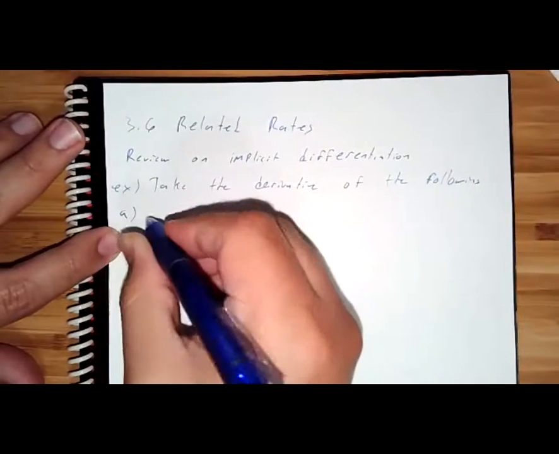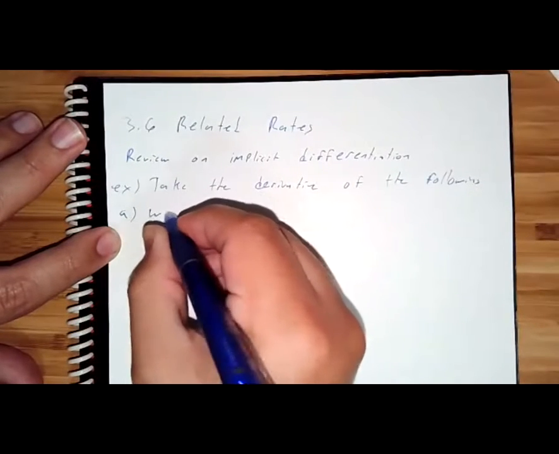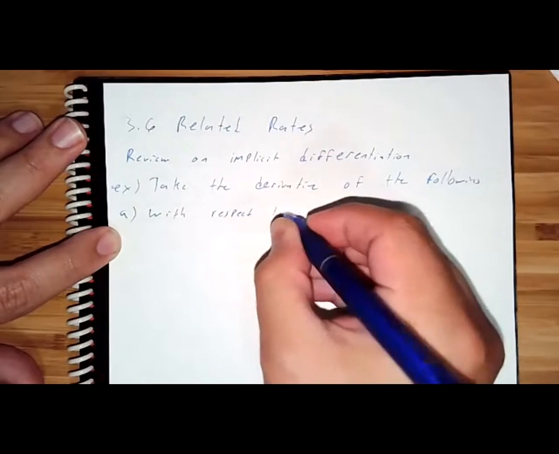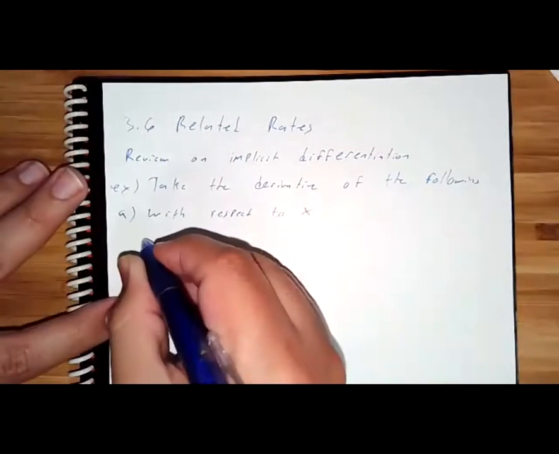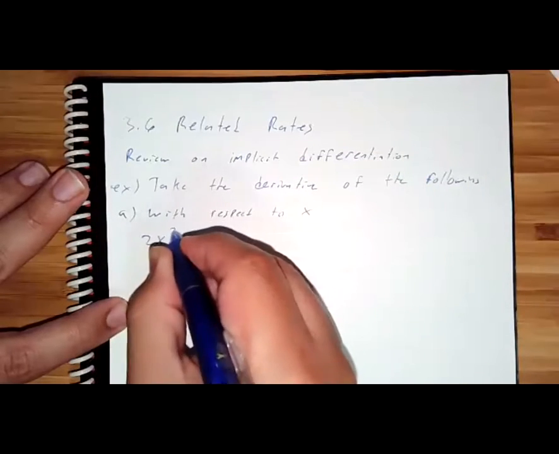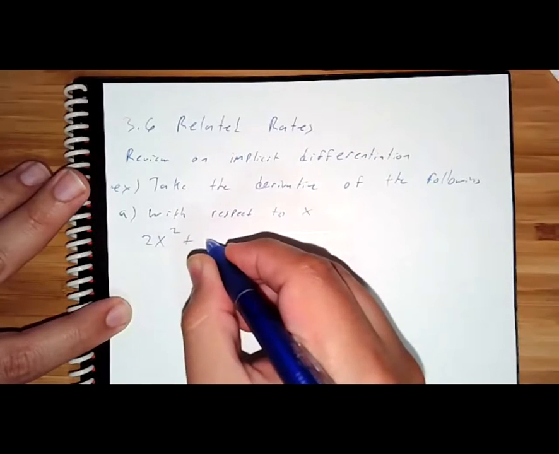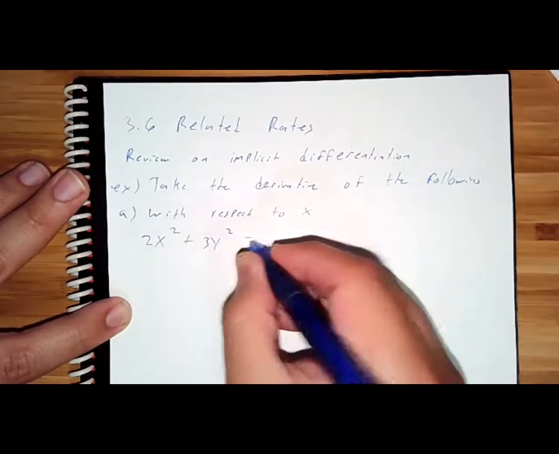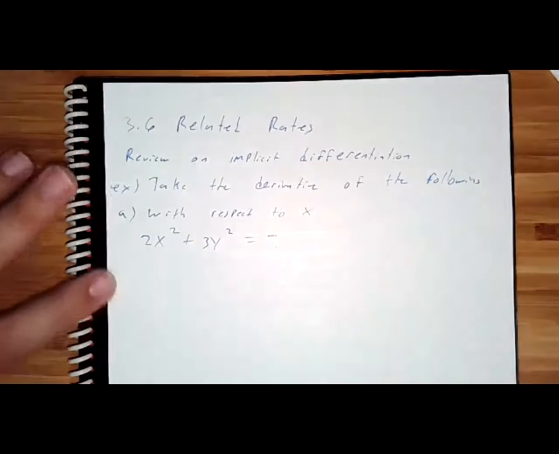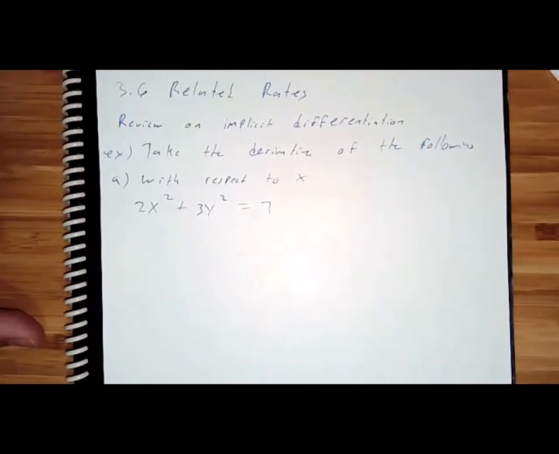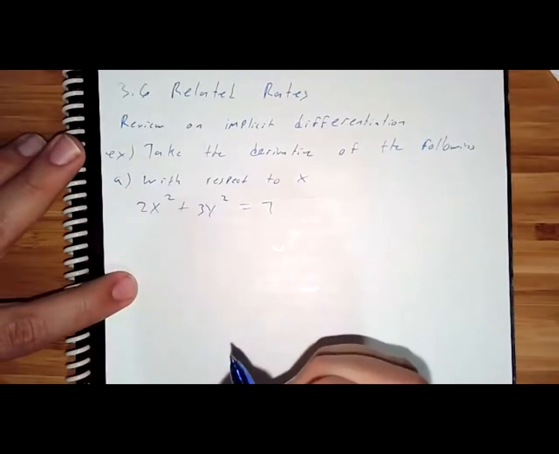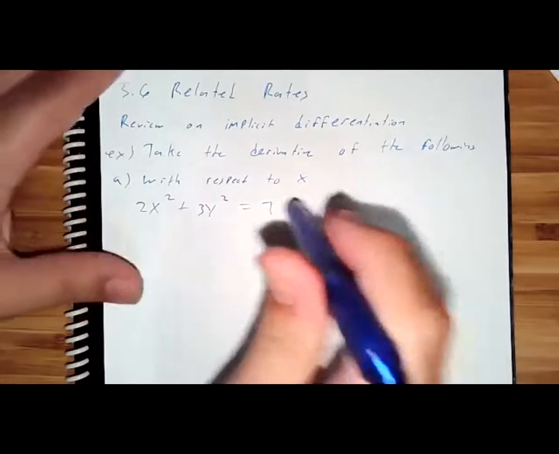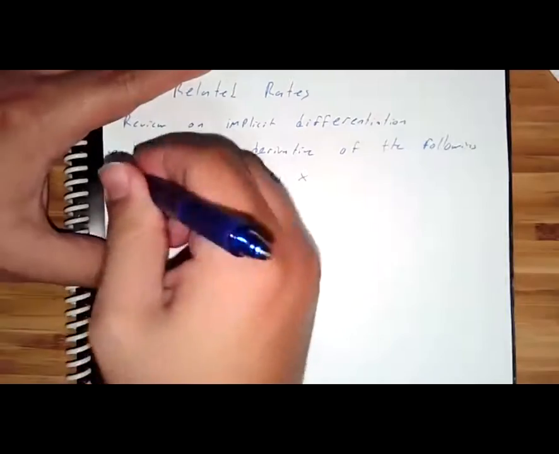So part A, with respect to x. So this is just a quick review of what we did last time. Just made up a problem here. Well, actually, you can phrase it, rotate this a little better. 1 second.